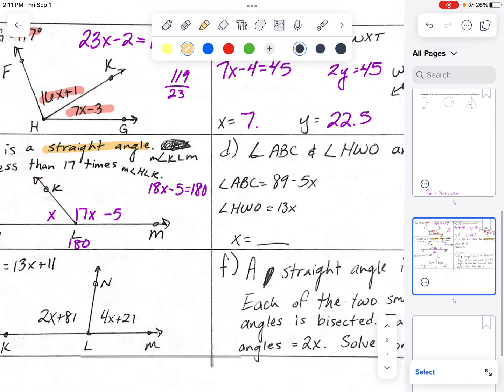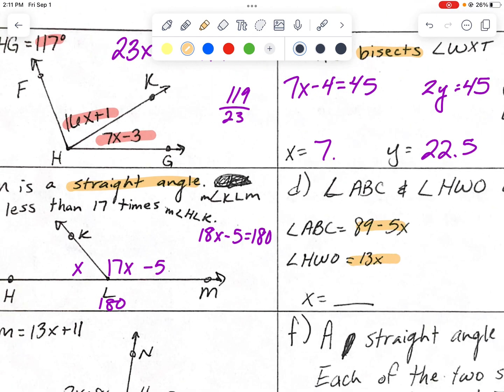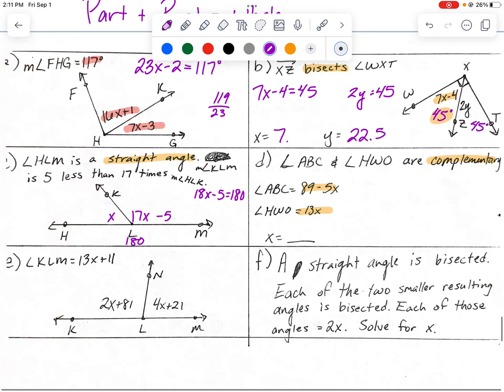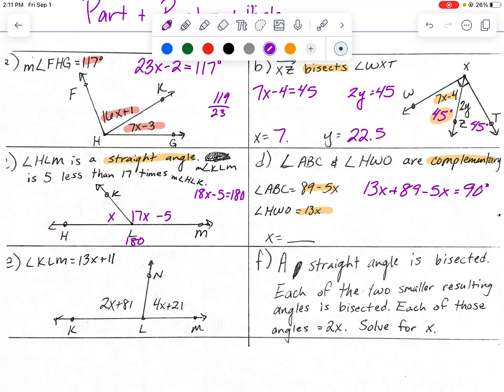So I can say that these two things add to 90, which means I could write 13x plus 89 minus 5x equals 180. Or not 180, I'm sorry, 90, complementary. And you should get x is 1/8, or 0.125.